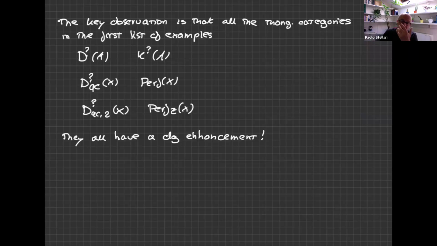So in other words, we can always find a pre-triangulated DG category with an equivalence between the homotopy category of such a pre-triangulated DG category and the given triangulated category in this list.